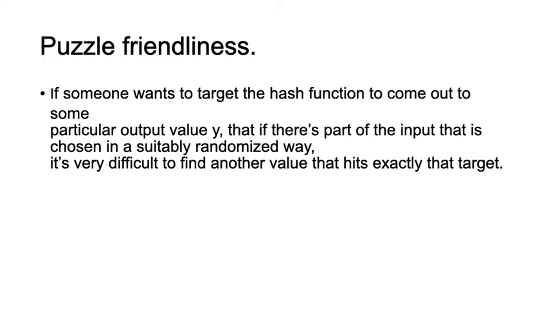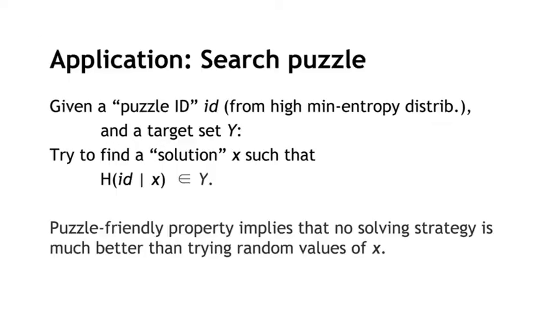So, what does that mean? We can use this property to create a search puzzle that ensures that there is no better solving strategy than trying random values of x. This will be very important when we start talking about mining cryptocurrencies.